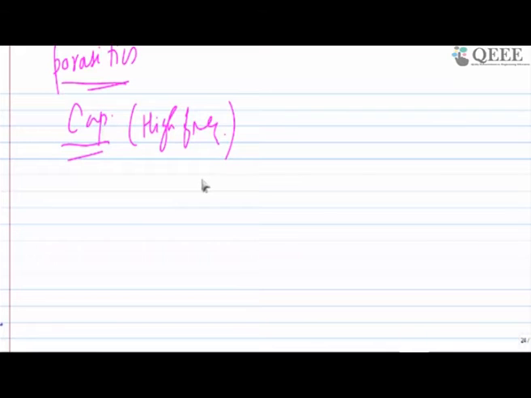It blocks DC, or it blocks a small value of AC frequency, because it depends on the capacitor value also. It's blocked by this equation, 1 by j omega c, right? And there will be parasitic capacitors.